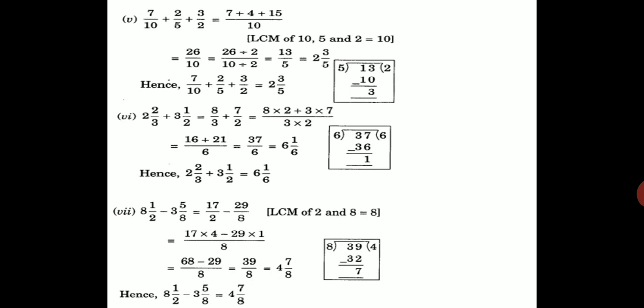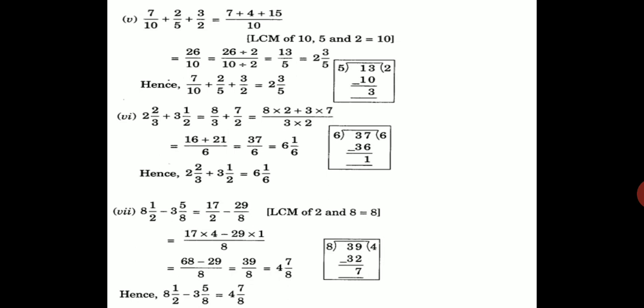Now the seventh part, 8, 1 by 2 minus 3, 5 by 8. It becomes how much? 8 twos are 16, 16 plus 1, 17, 17 by 2. And 8 threes are 24, 24 plus 5, 29 by 8. Now the LCM of 2 and 8 is 8. With the help of 2 I want 8, so I have to multiply with 4.